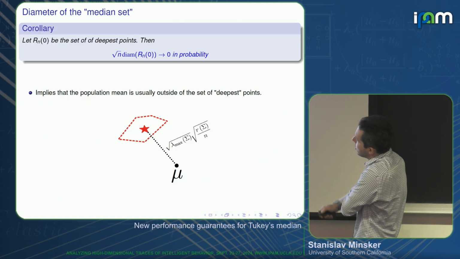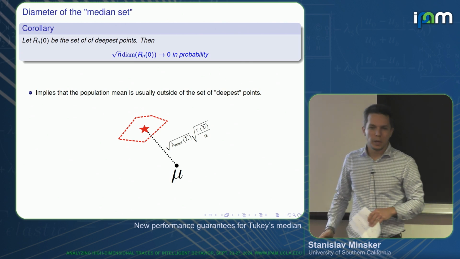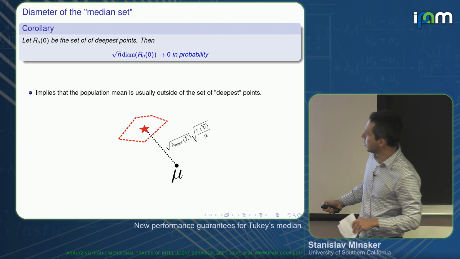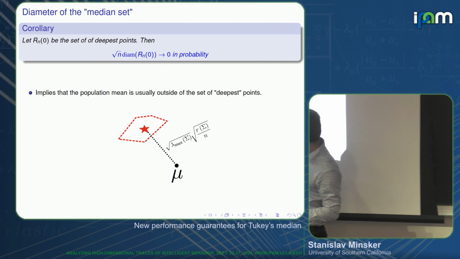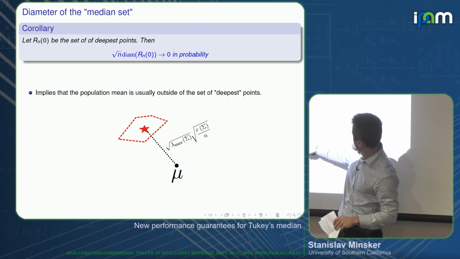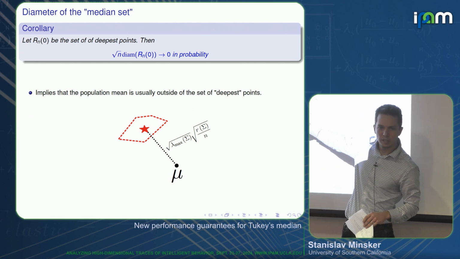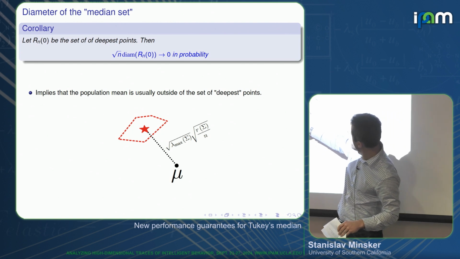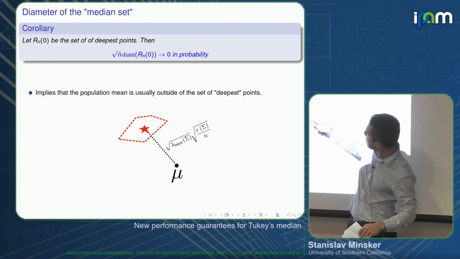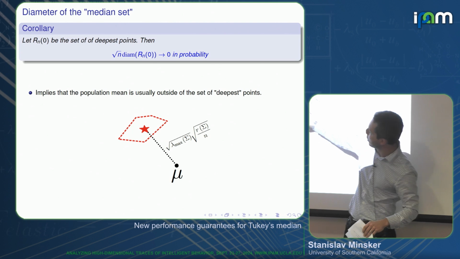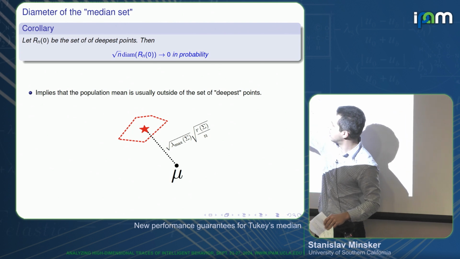Graphically, what it means is that the picture we are looking at looks like this. We have our population mean. We have Tukey's median, the centroid of the set of all deepest points. And this distance is on the order of 1 over square root of n. But the set of deepest points itself is very small.